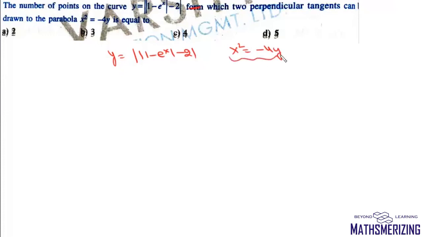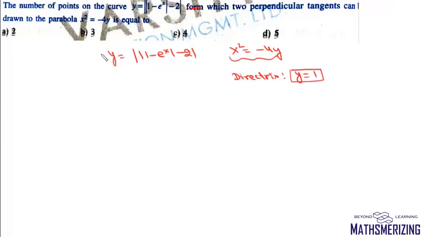So we clearly know that if perpendicular tangents can be drawn from a point, then that point must lie on the directrix of the parabola. Now for this fourth form, the equation of the directrix is y equals a, and a in this case is 1. So it'll simply be y equals 1.